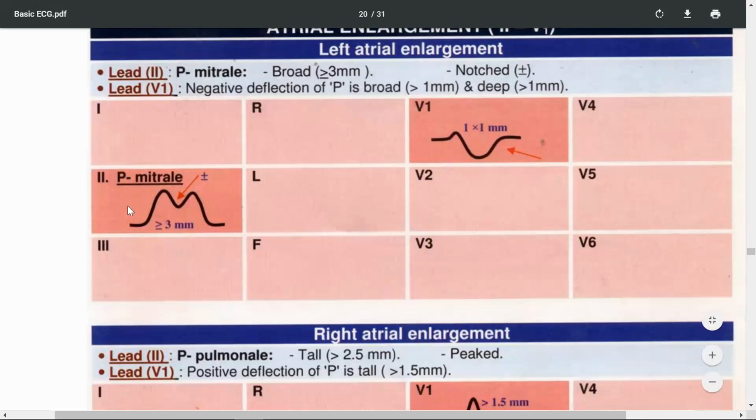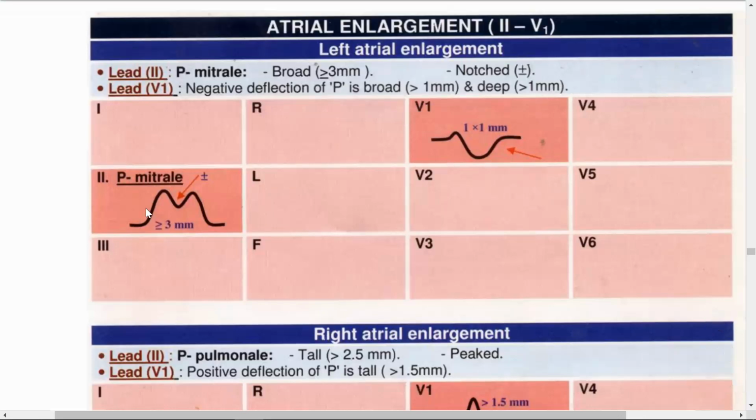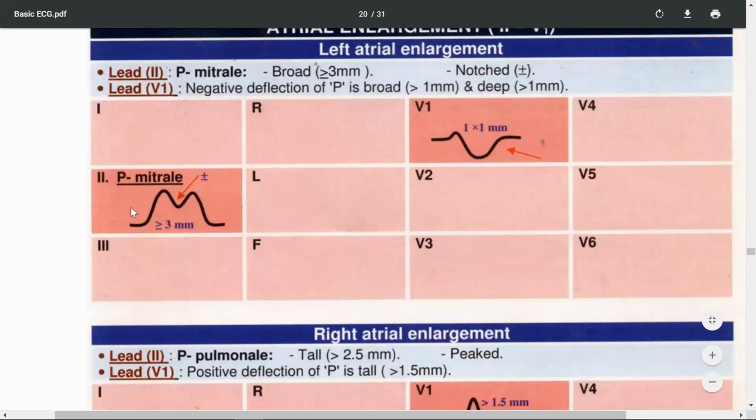So if the P wave width in lead 2 is more than 3 and V1 is normal, negative or biphasic, there is left atrial enlargement. Or if this one is normal and the V1 criterion is met, it's also left atrial enlargement. So we only need one criterion. Clear?